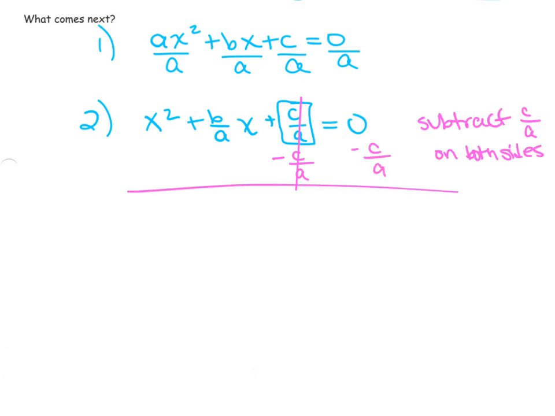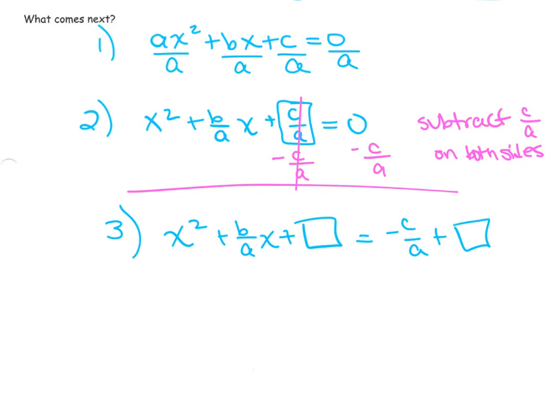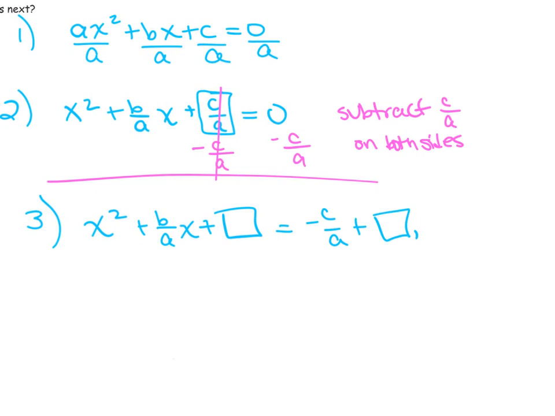Then in our third step, we will be left with x squared plus b over a x plus the blanks, because we're completing the square, plus the blanks on both sides. Now we're going to start with our next step and complete the square.